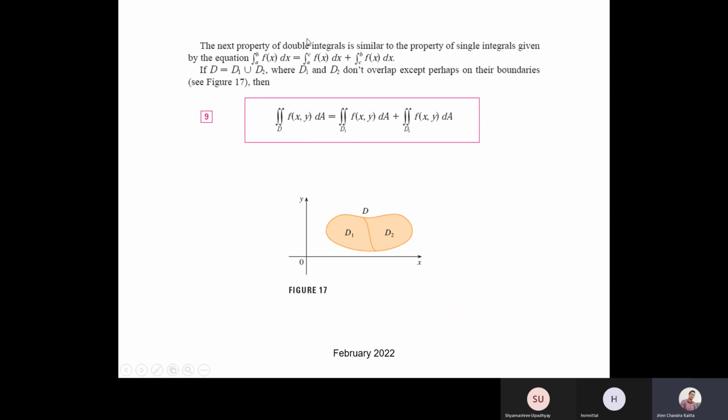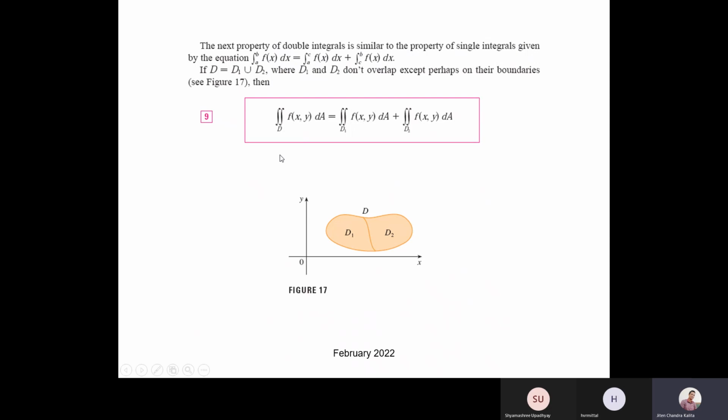Likewise, if D is the union of two non-overlapping regions, D1 and D2, here they have written that D1 and D2 don't overlap except perhaps on their respective boundaries.